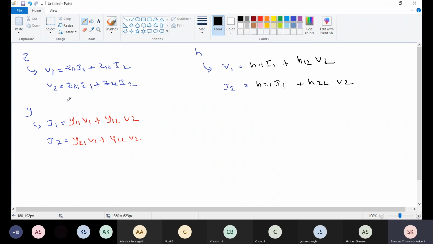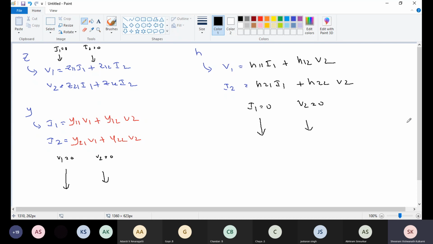When solving for Z, we make I1 equals 0 and I2 equals 0, the independent variables. For Y, V1 equals 0 and V2 equals 0. For H, the independent variables are I1 and V2, so we make I1 equals 0, solve the equations, then V2 equals 0, solve the equations.